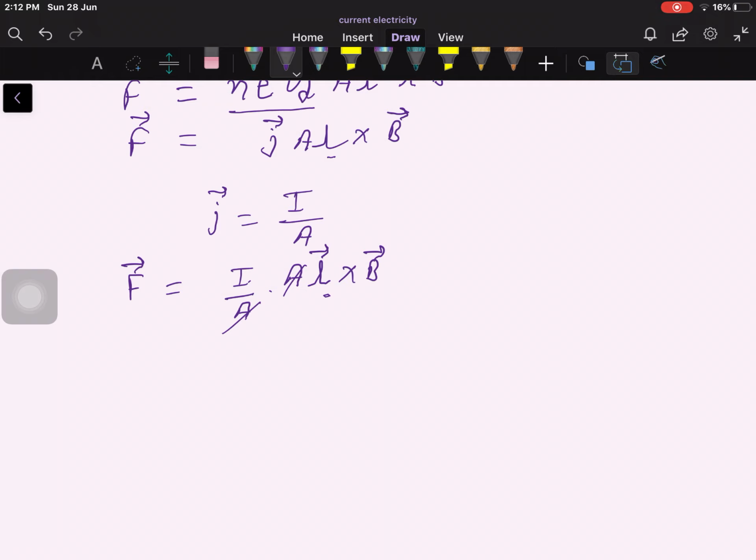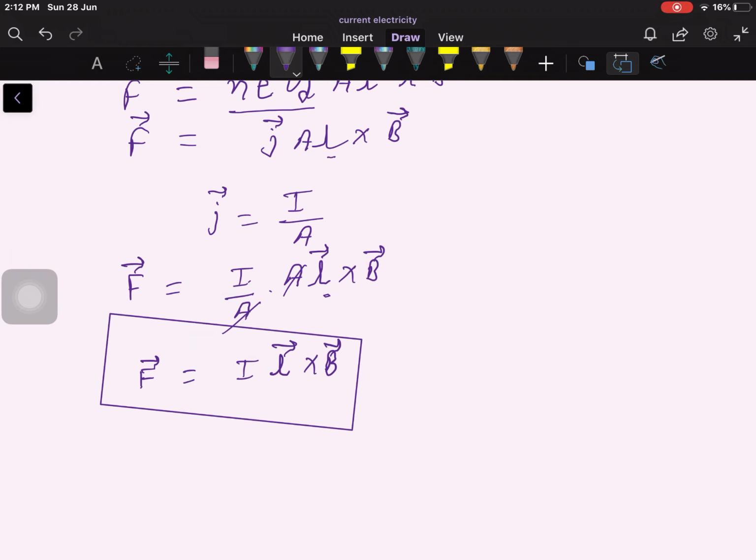So now I can write F is equal to I L cross B. We got this very interesting result.